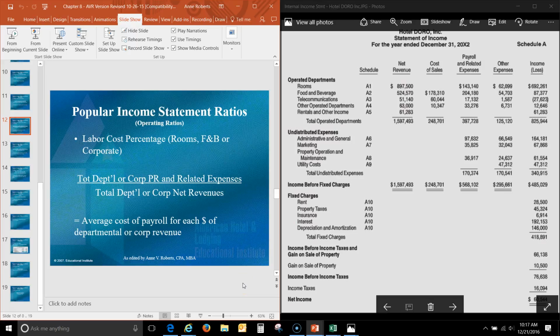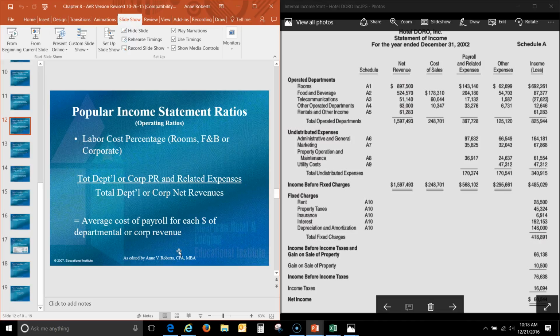So we could take any of the payroll and related expenses divided by net revenues to get this labor cost percentage for any department. We could also take totals for corporate. Okay. And again, we're looking at average cost of payroll for each dollar of departmental revenues or corporate revenues.